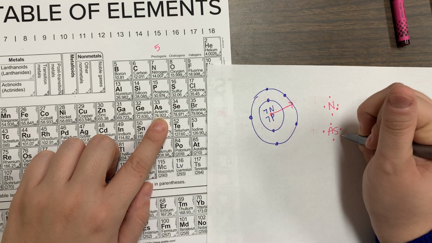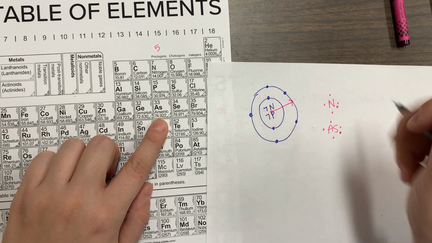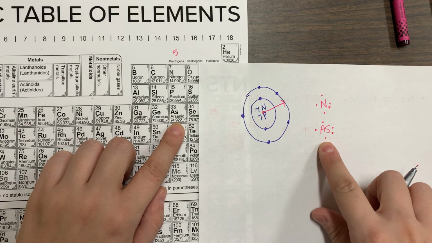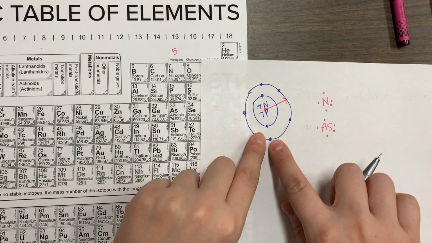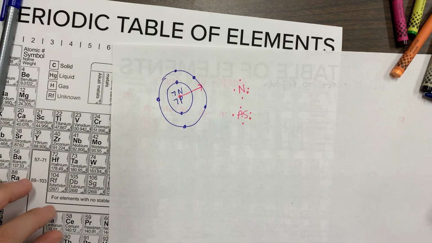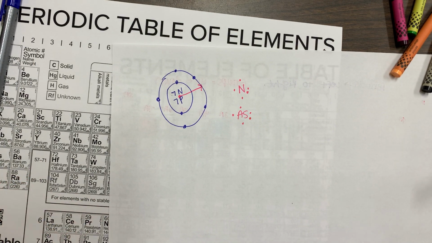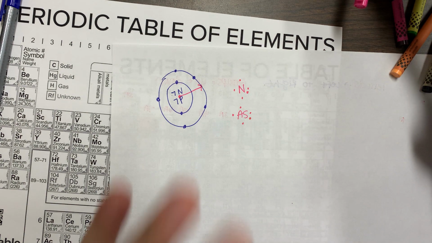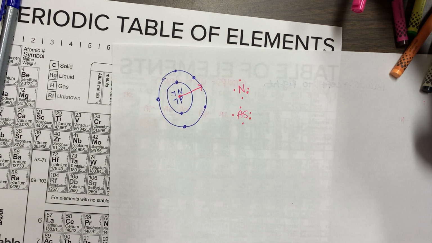But their Bohr model is going to look very different because arsenic has a lot more electrons. While this is where nitrogen stops, arsenic is going to keep going until you have a complete model. So that's why the Bohr model works for atomic structure and the Lewis structure does not.